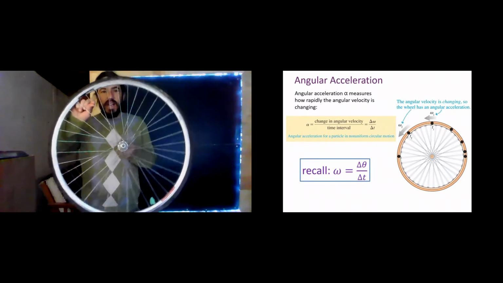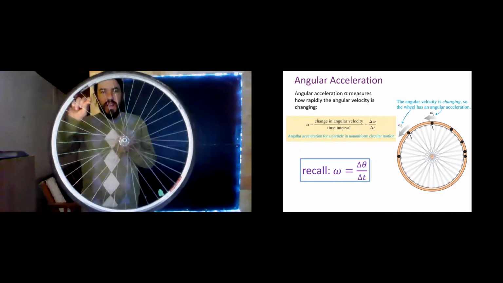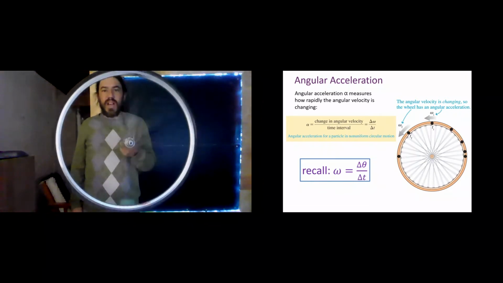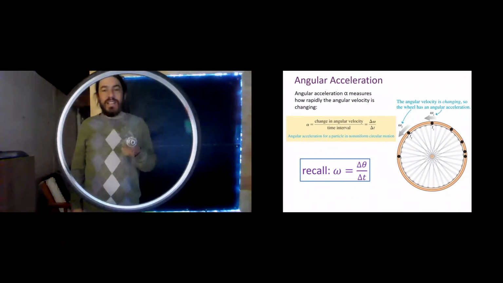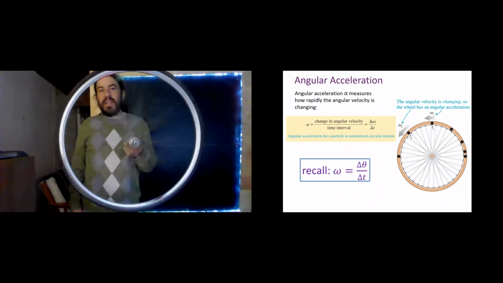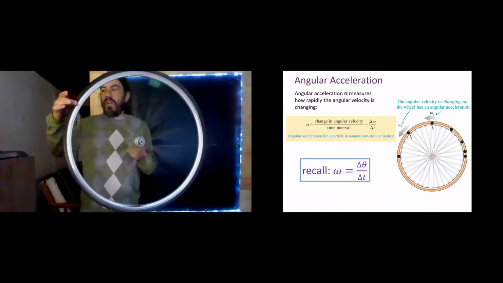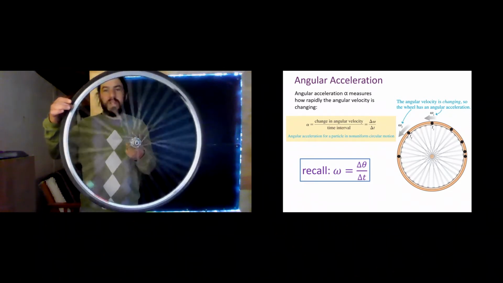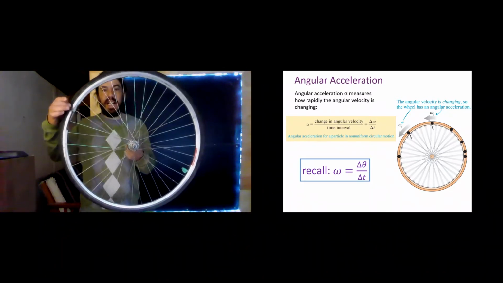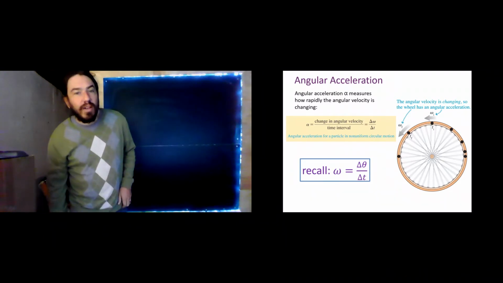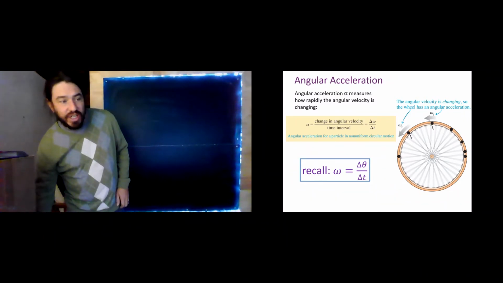If I put my hand on it and I apply a little force here, then I can cause it to start rotating. So its angular velocity was 0. Now it isn't. It underwent some angular acceleration, didn't it? And now if I put my fingers here and I bring the bicycle wheel to a stop, it is accelerating. Angular acceleration, because it is its rate of rotation that is changing, right?